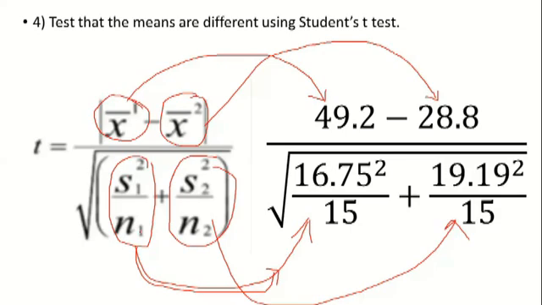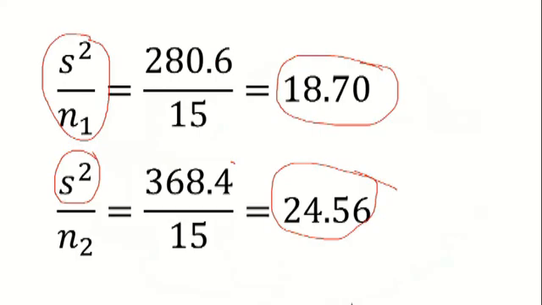So the standard deviation for the first sample is 16.75, you square it over 15, plus 19.19 squared over 15. So you can work it independently, that's what I have done independently here. So you get 280.6 over 15, which is 18.70.